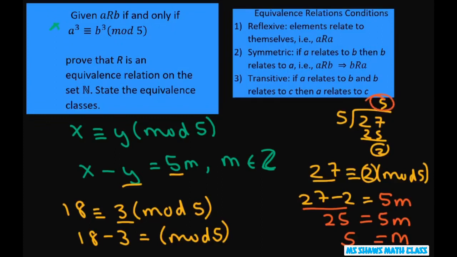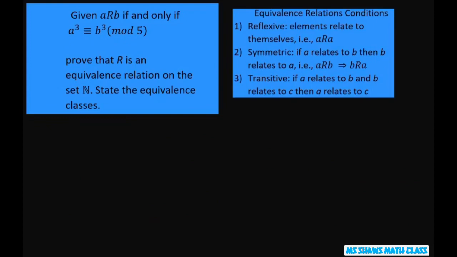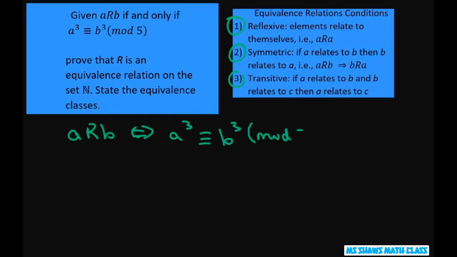All right, so let's prove it. To prove that it's an equivalence relation, we have to prove reflexive, symmetric, and transitive. So reflexive, we need to show that, first of all, we have A related to B if and only if A cubed is equivalent to B cubed mod 5.